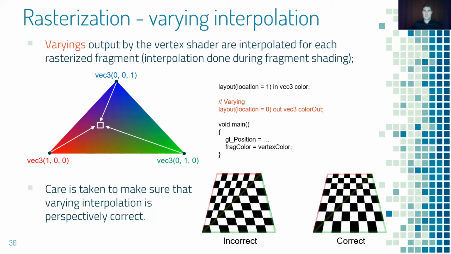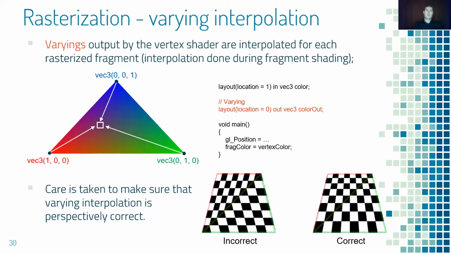Texture coordinates are passed from the vertex shader to the fragment shader, and here they are incorrectly interpolated, so not perspectively correct. See what happens when we try to sample the texture in the fragment shader. There's some kind of skew. However, when it is perspectively correct, the texture sampling will look correct on the right there, and the texture mapping will then produce the correct result.